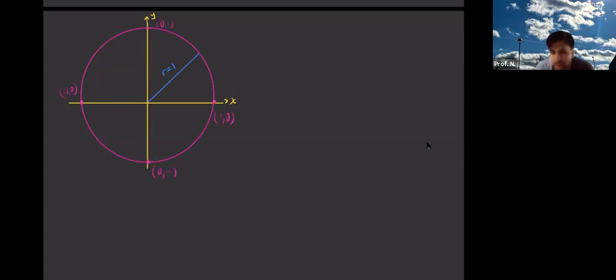Now, how in the world is a right triangle going to even matter or be relevant for unit circles? If you check this out, there's a point here, right? And that point has coordinates x, y. So this is a point on the unit circle.